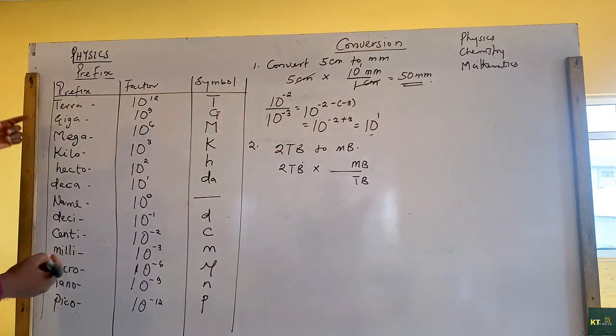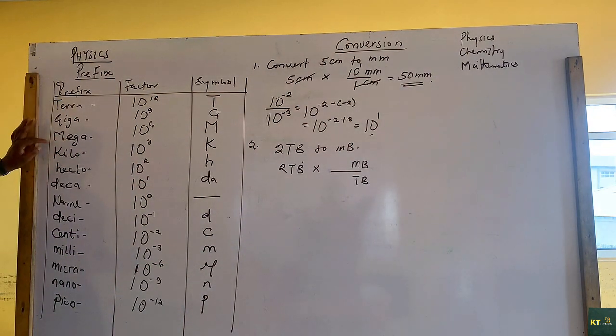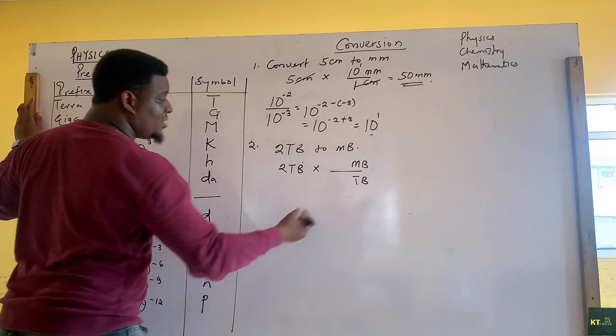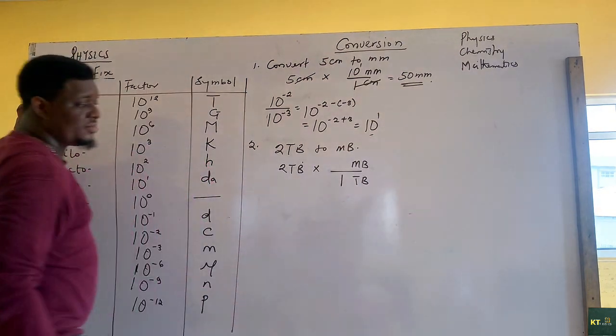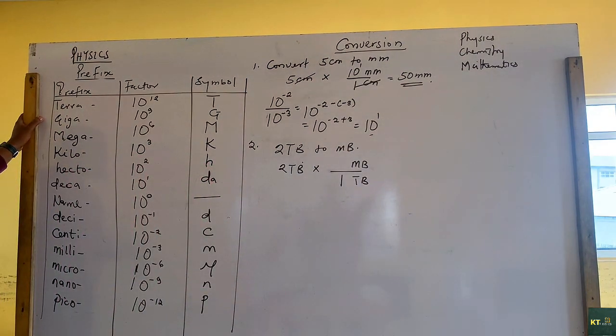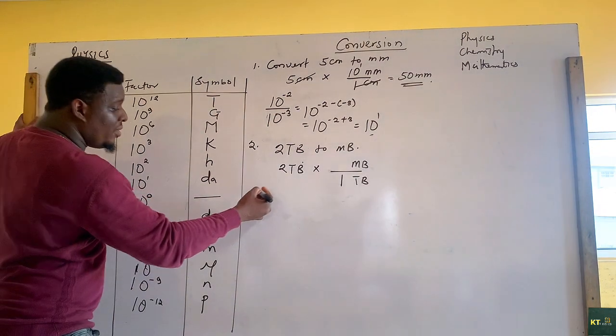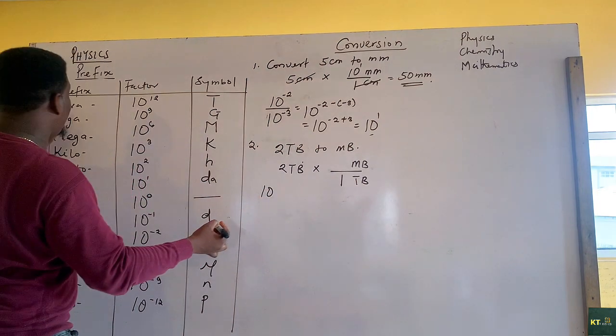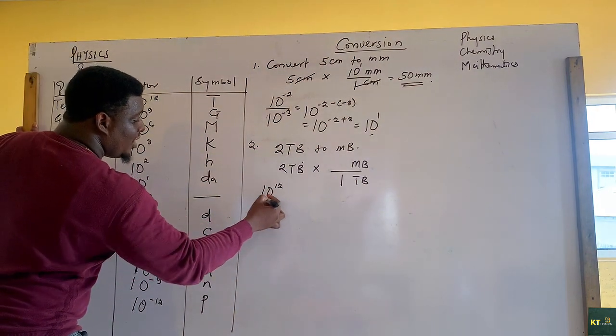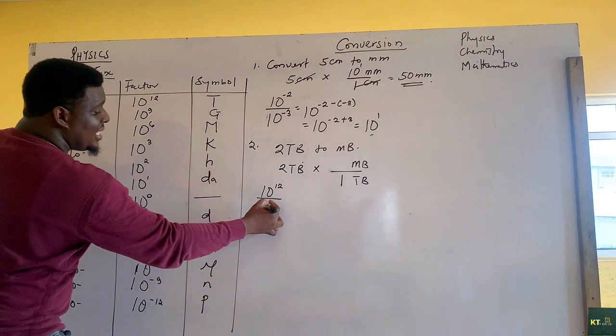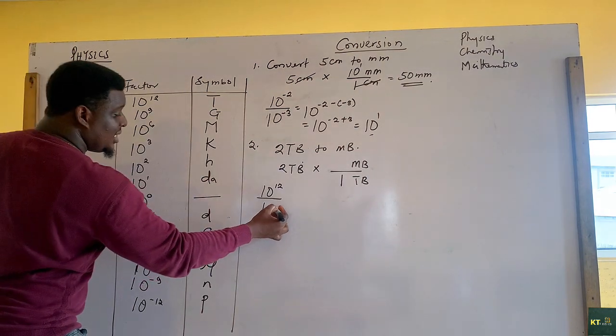Go to the table. You see that tera comes before mega. So tera comes before, you have 1. The one that is bigger takes 1. The next thing is you take the bigger one up, that will be 10 raised to the power of 12, divided by mega, 10 raised to the power of 6.